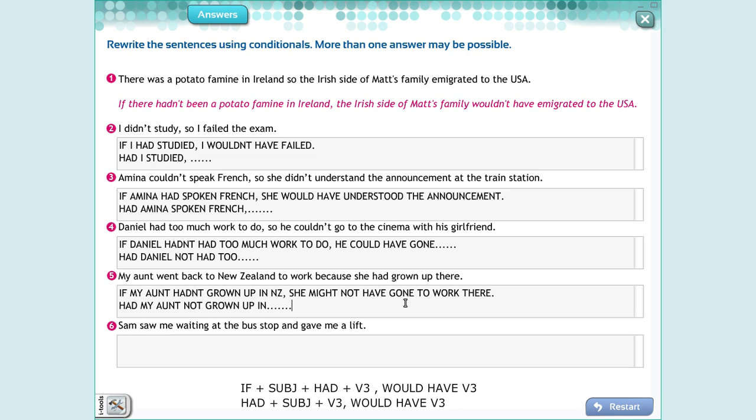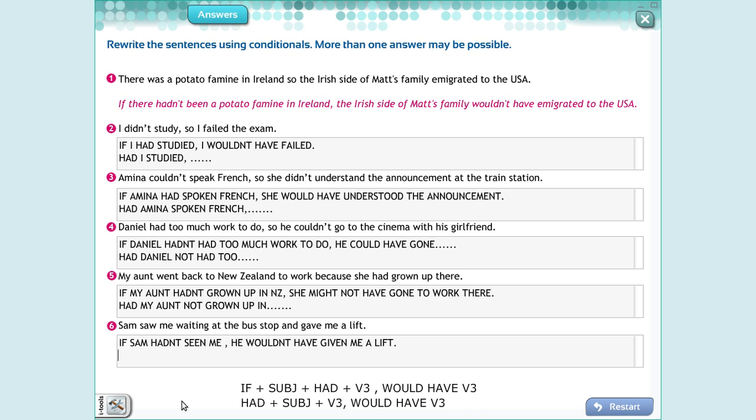Sam saw me waiting at the bus stop and gave me a lift. Se ele não tivesse me visto, ele não teria me dado carona. So, if Sam hadn't seen me, he wouldn't have given me a lift.